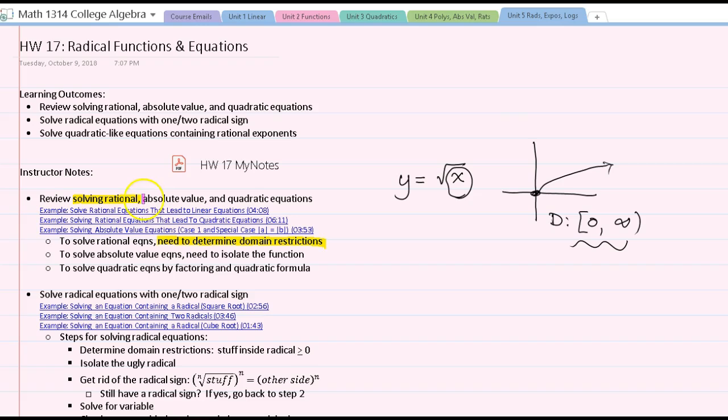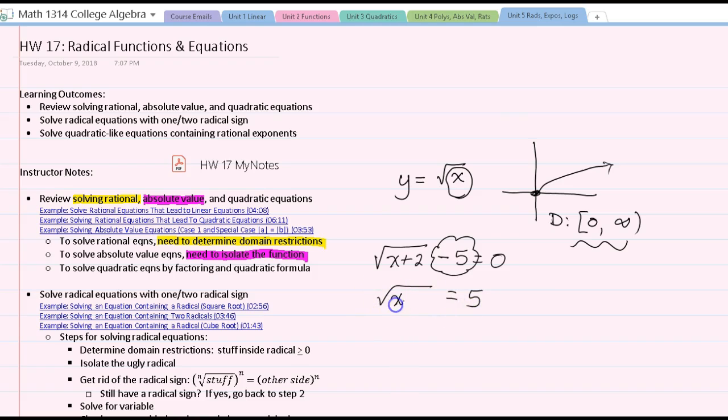The other thing we need to do is remind ourselves of how to do absolute value. The big thing there is that we had to isolate the absolute value function when we were solving. The same thing is going to happen with our radical. So we might have the square root of x plus 2, and then maybe a -5 is equal to 0. The first thing we have to do is move this -5 to the other side.